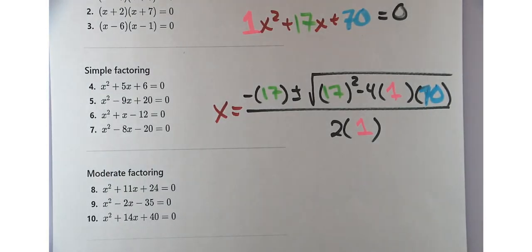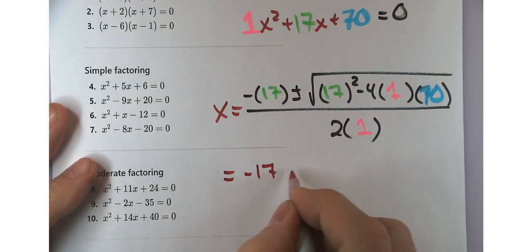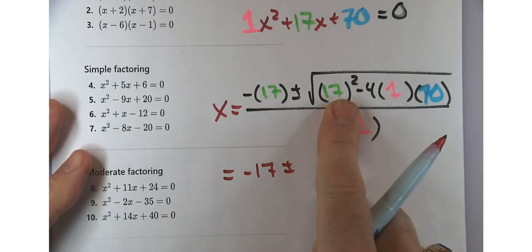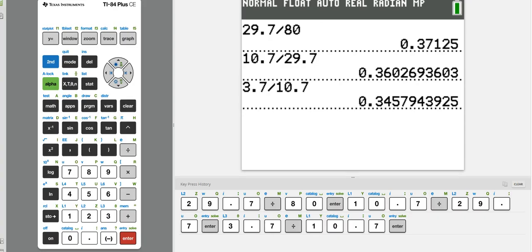And you can use a graphing calculator or just a regular calculator to do this kind of stuff. One thing that you might want to do is just figure out what this thing is underneath here. Maybe save yourself all that work. You don't have to get really tricky and plug in the formula completely. Let's just find out what's underneath the radical.